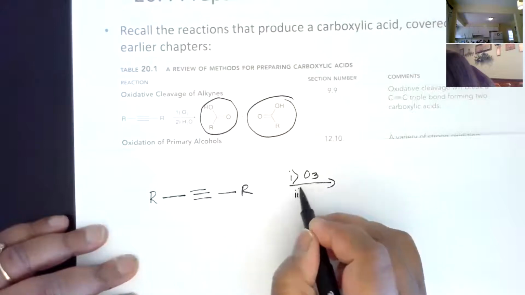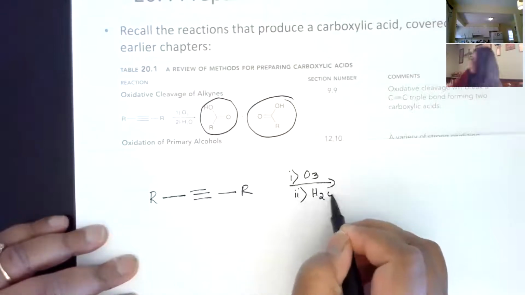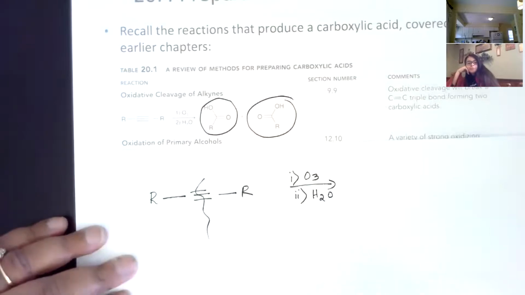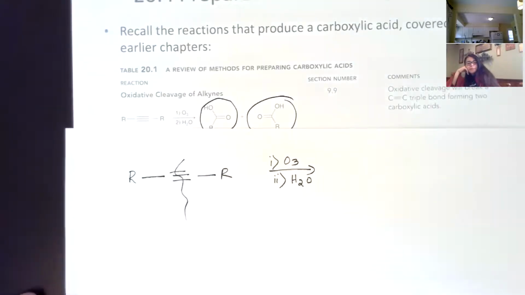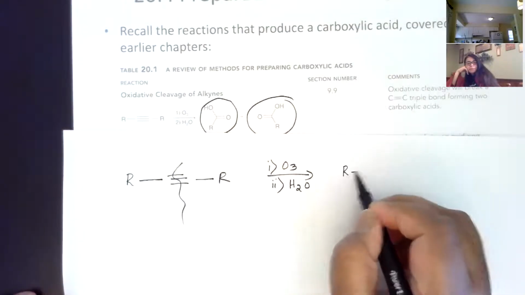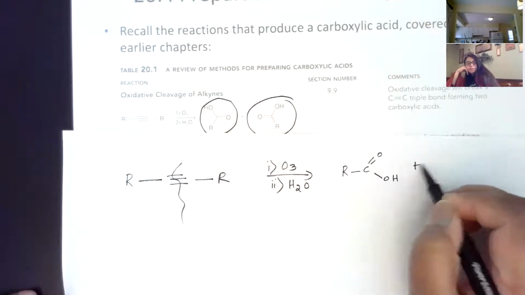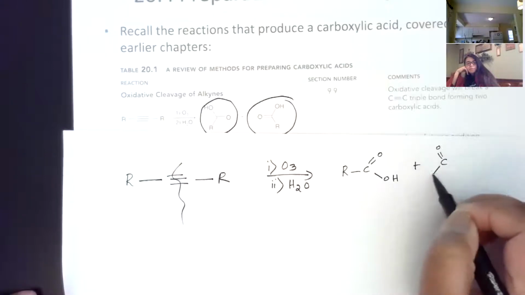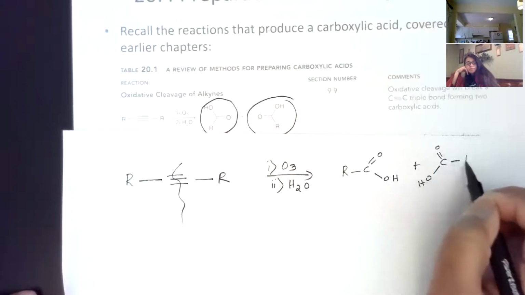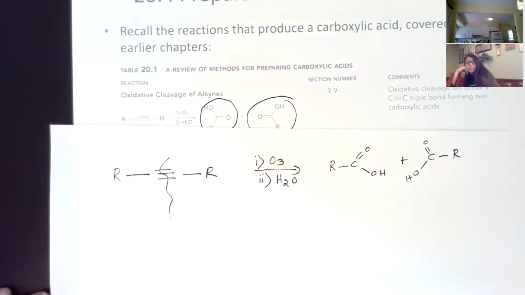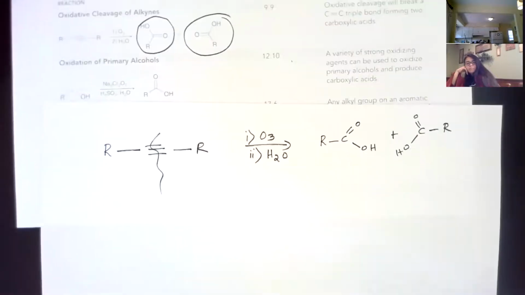Remember ozonolysis, water? What will it do? It makes two acid molecules. Okay, and that's chapter 9.